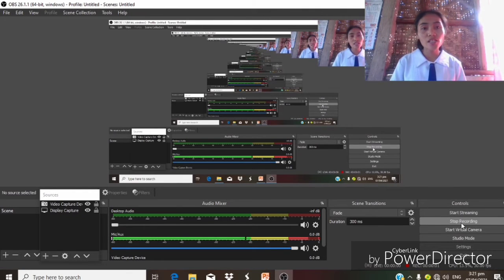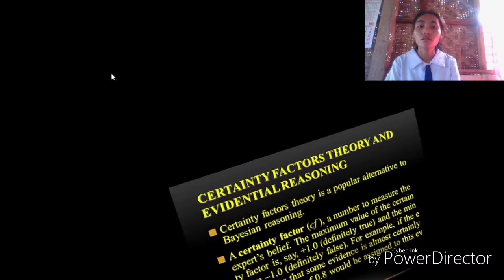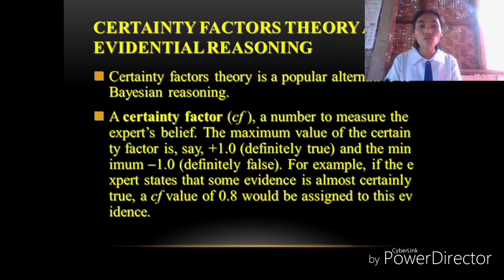The second technique of uncertainty reasoning is a certainty factor. So certainty factor is another method of dealing with uncertainty. This method was originally developed for the Bayesian system.